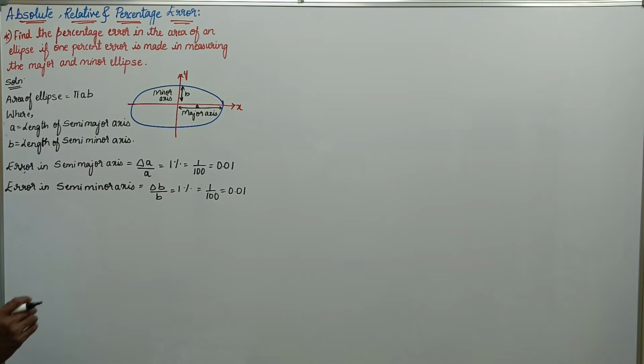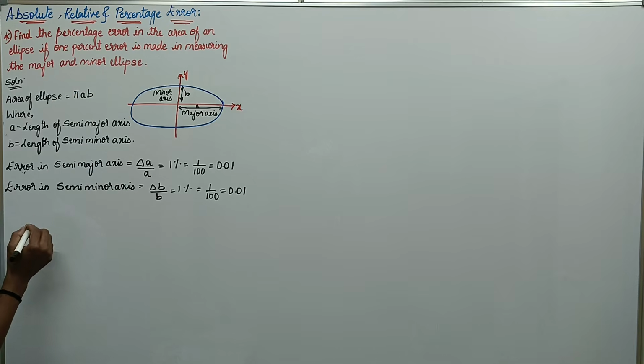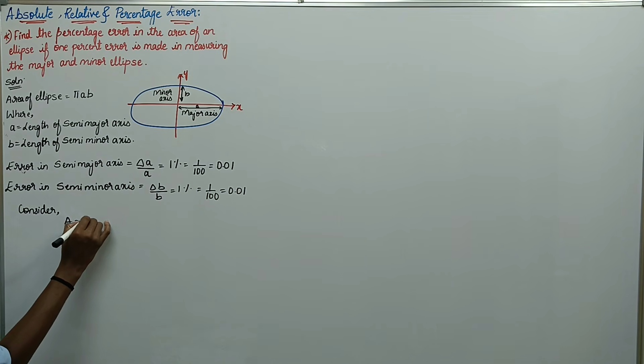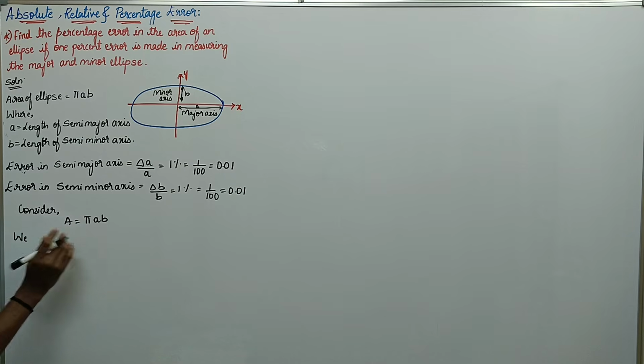Now, what they have asked is to find the percentage error in the area of the ellipse. Before that, let us represent the condition.